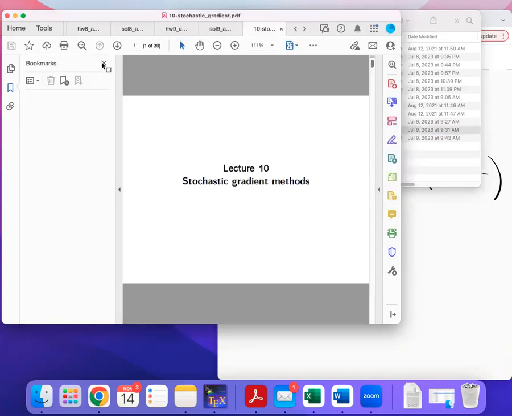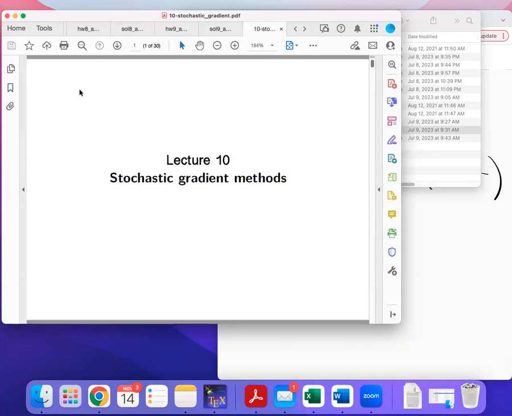So now let's go to lecture 10. We will talk about a very different and, I think, probably the most important optimization algorithm nowadays, especially in machine learning and data science. It's called stochastic gradient methods.